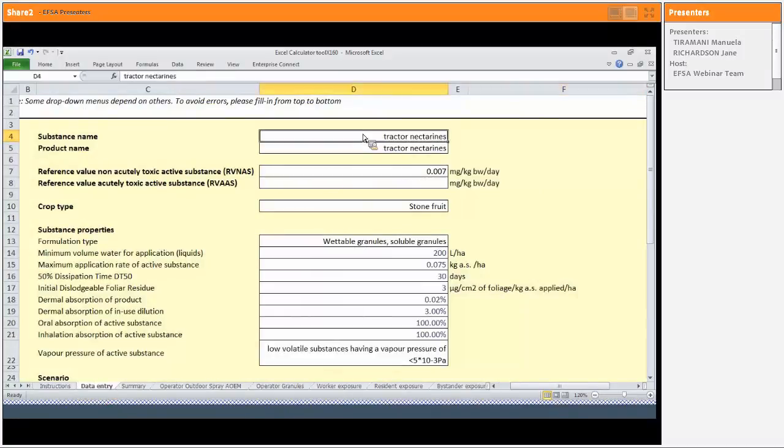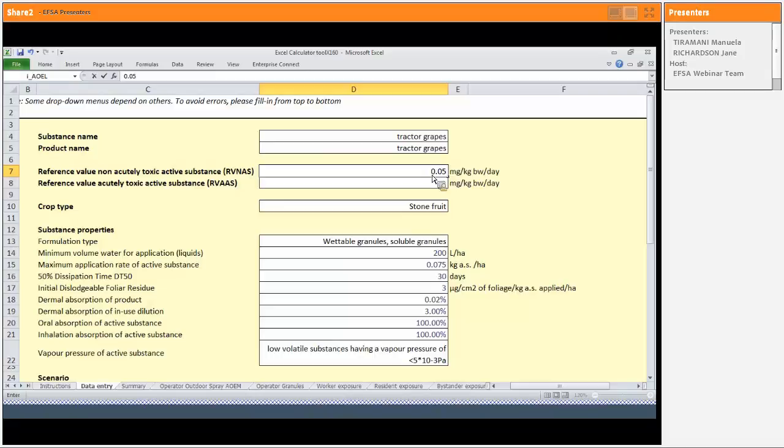So now we're going to look at grapes as a scenario, which is also quite a common scenario, certainly here in Italy. We have quite some applications to grapes. So we just rename the scenario so we know what we're looking at, and we're just going to change the AOEL to 0.05.